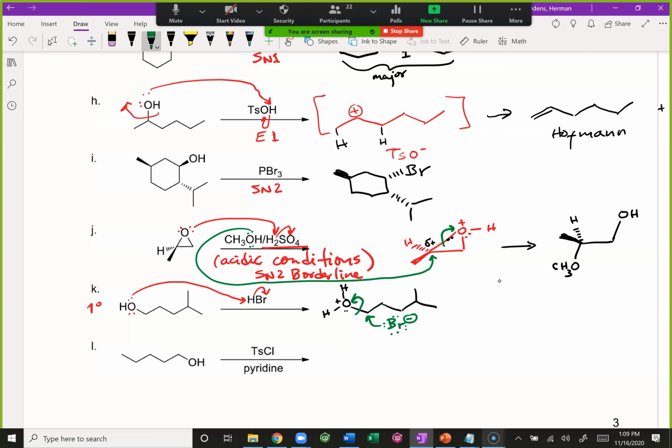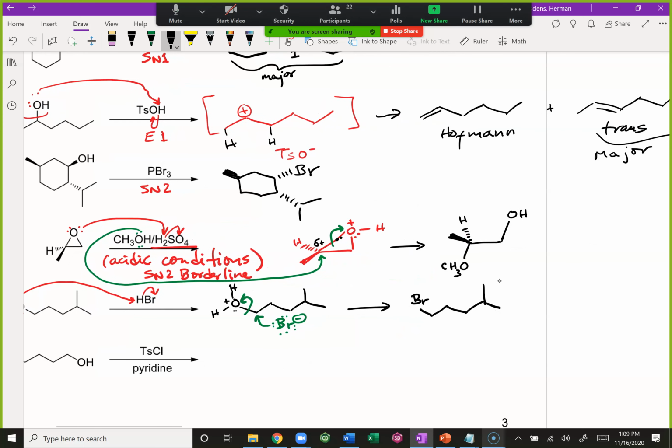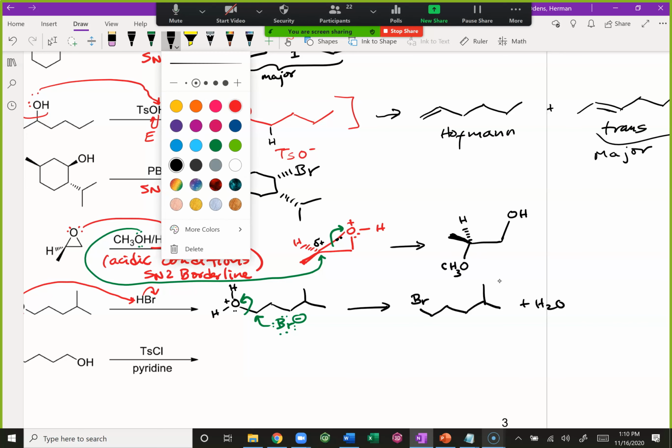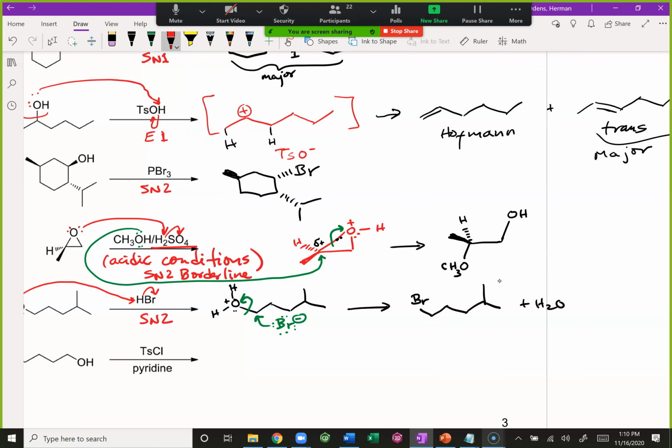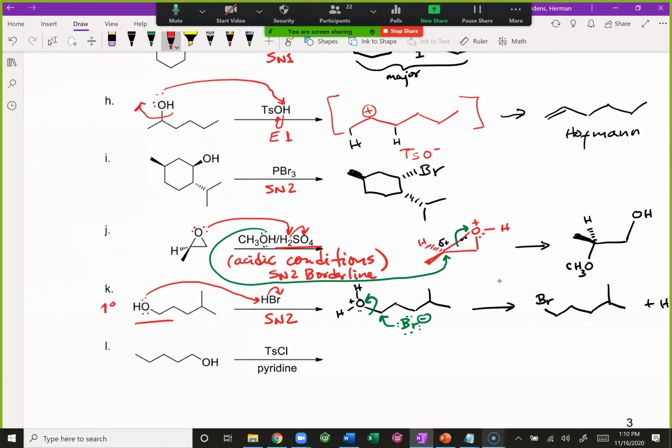Boom. Kicks it out. Kicks the water out. Now you have a bromine here. And water that was kicked out. All right. So this was an SN2 reaction because the leaving group came up from a primary alcohol.